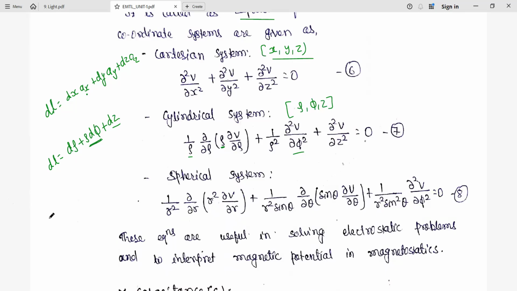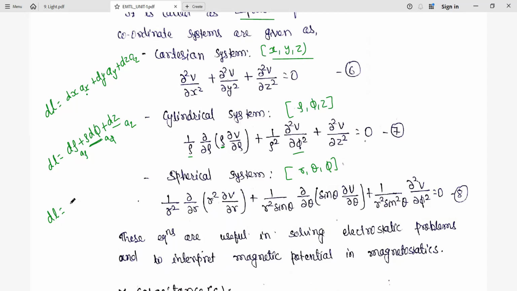Similarly, in the case of spherical coordinates, this dl uses the unit vectors. The variables are r, θ, φ, where r ranges from 0 to infinity, θ from 0 to π, and φ from 0 to 2π.